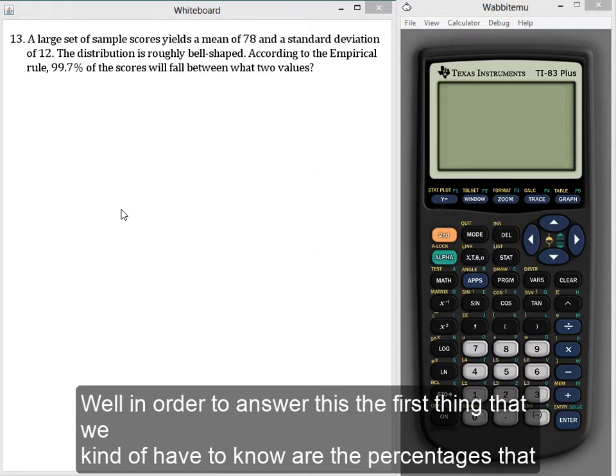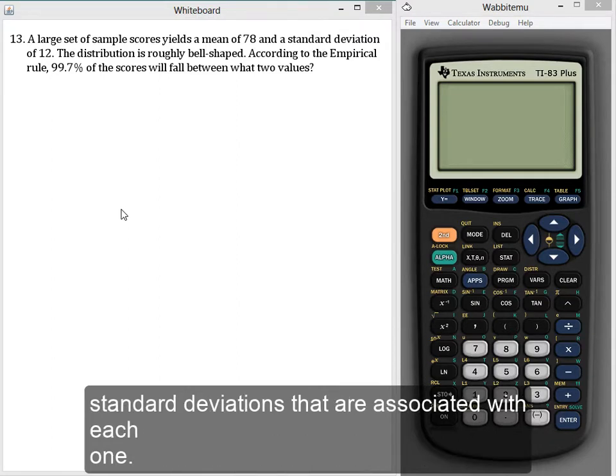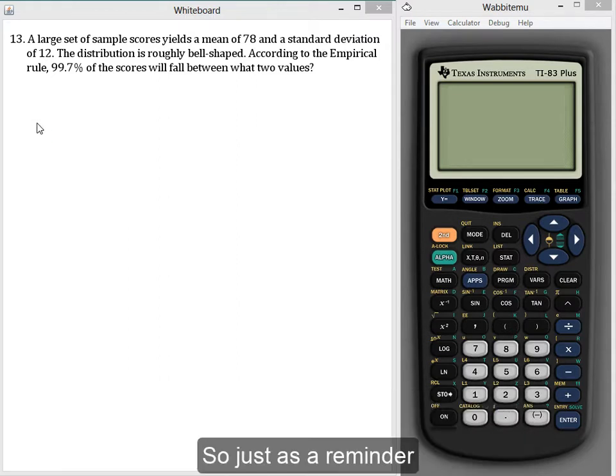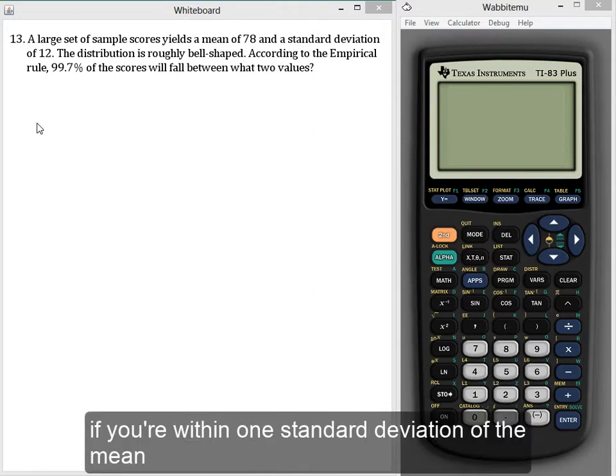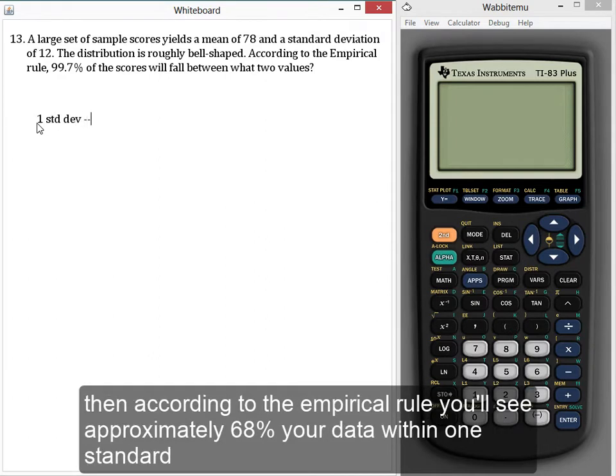Well, in order to answer this, the first thing that we have to know are the percentages that are related to the empirical rule and the number of standard deviations associated with each one. So just as a reminder, if you're within one standard deviation of the mean, then according to the empirical rule, you will see approximately 68% of your data.